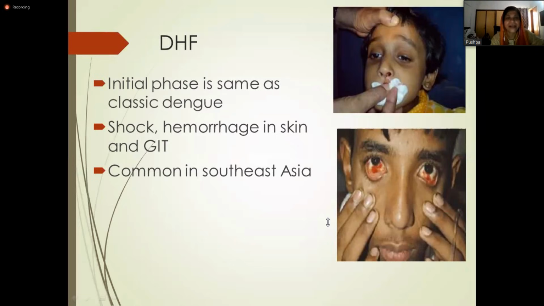Papaya leaves juice helps in increasing the platelet, Rida Khalid is asking. Beta, I do not know. I do not have the facts. Please share with me if you have got some research paper that papaya leaves increase the platelet count.